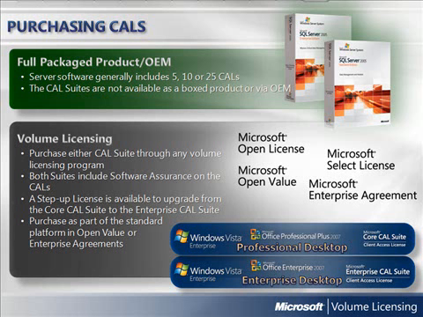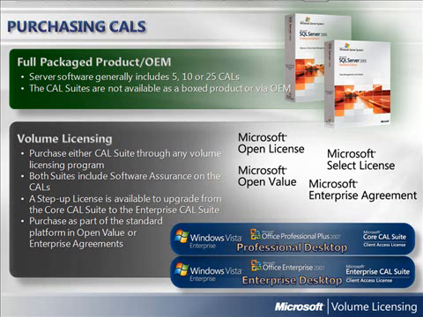If you are already licensed for the Core CAL suite and you want to upgrade to the Enterprise CAL suite, then there is a step-up license available for you to do this. Essentially, a step-up license allows you to pay the difference between the higher and lower editions of the software to gain the rights for deploying the higher level. There is a presentation on step-up licenses at www.learnlicensing.com if you want more information.